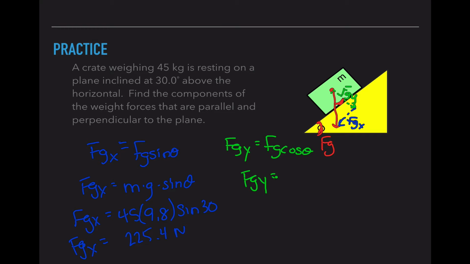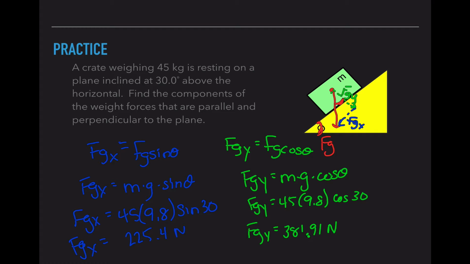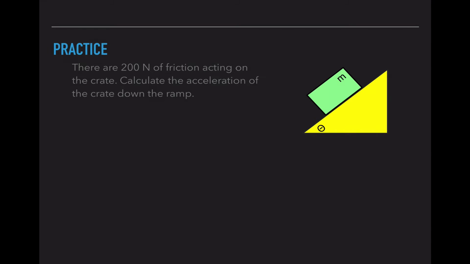FGY equals m times g times cosine theta. And FGY equals 381.91 newtons. So blue arrow, green arrow, those are my two values.